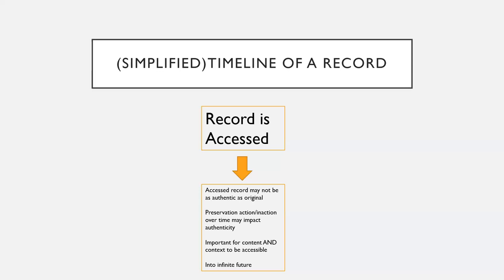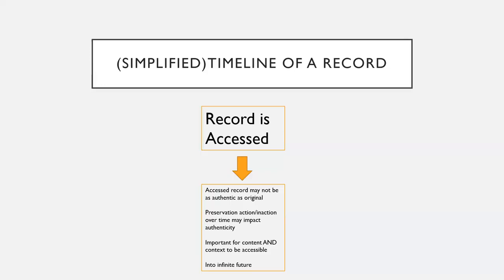So when the record is accessed, it's important for the content and the context to be accessible. It's important for researchers not only to know what the content of the record is, but also to know how the record was created, why it was created, who used it, and also how the record has changed over time.